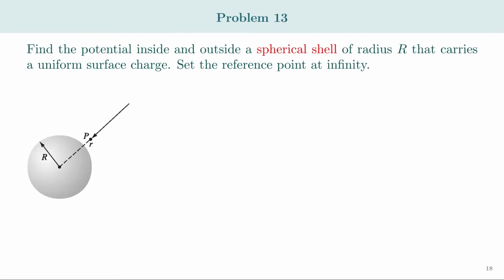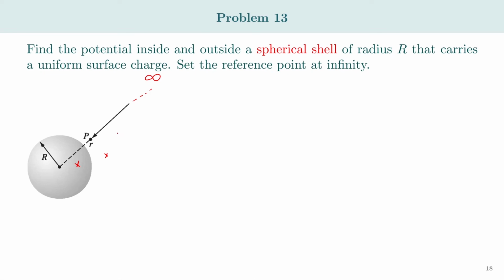Problem 13. Find the potential inside and outside a spherical shell of radius r that carries a uniform surface charge. Set the reference point at infinity. The problem is depicted here. We have a reference point that is set at infinity. Now we are to find the potential inside and outside a spherical shell of radius r that carries a uniform surface charge.